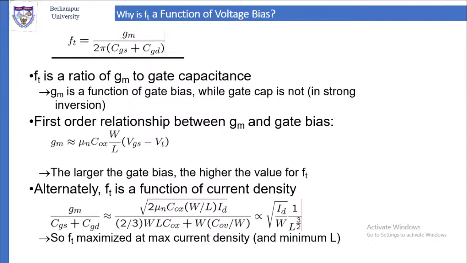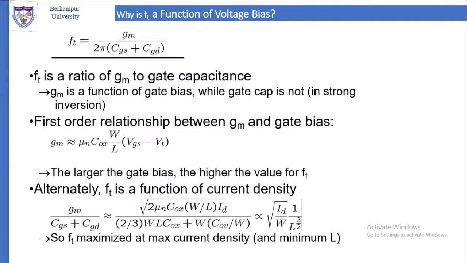So gate capacitance is not a function of gate bias, whereas Gm is a function of gate bias. The first order relationship between Gm and gate bias is given as Gm is approximately equal to mu n Cox W by L. We know what these things are, into Vgs minus Vt.